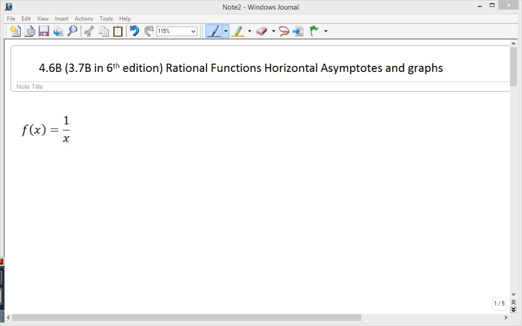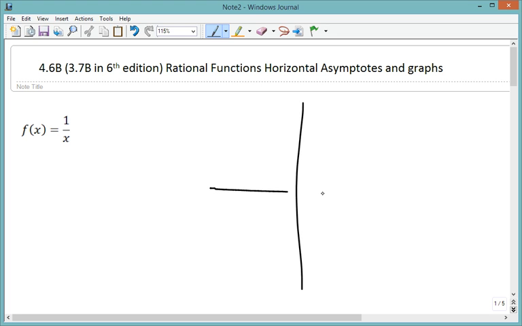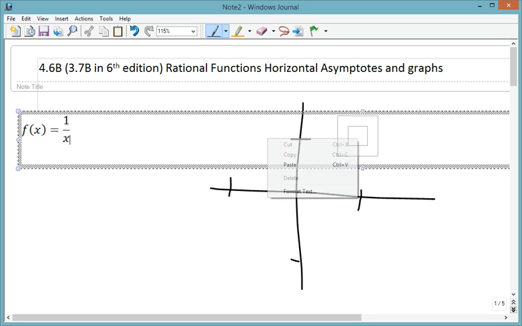Our very own library function, the reciprocal function, has a horizontal asymptote of 0. The way we look at that is we allow x to get big. When x is 1, it's 1 over 1.